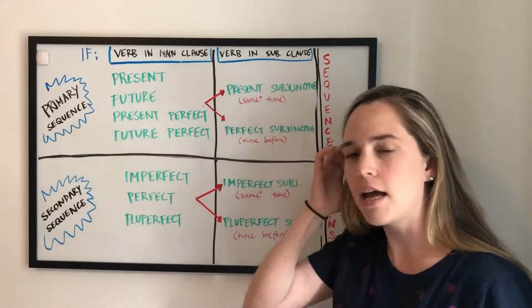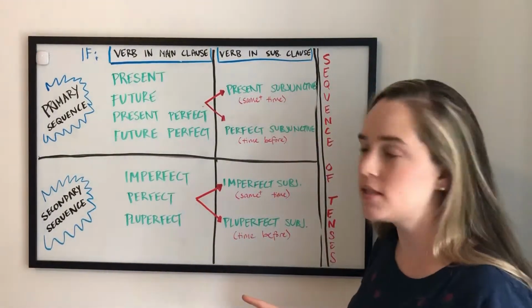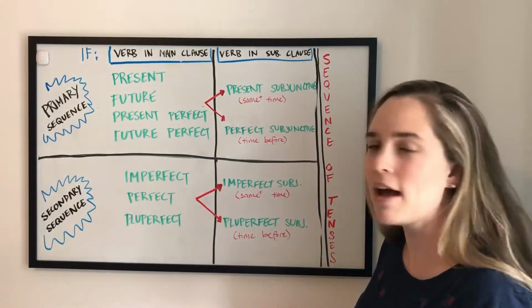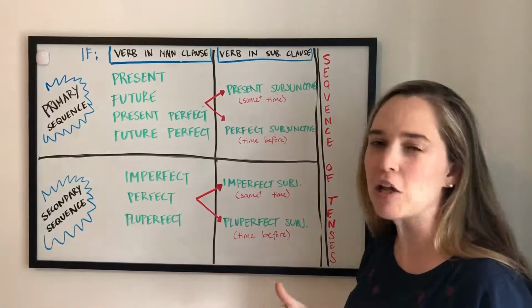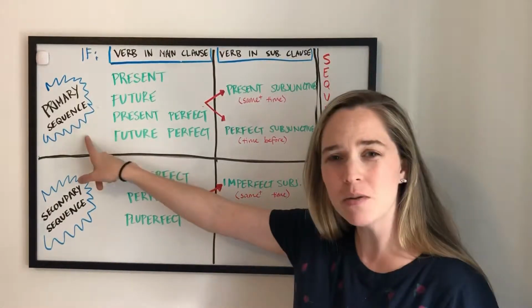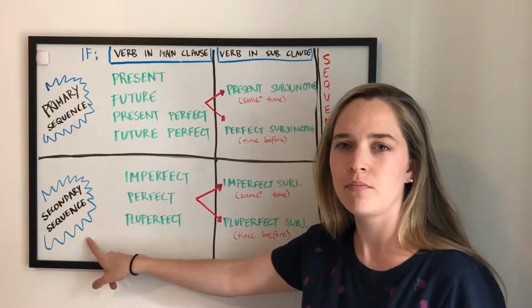In order to decide what type of subjunctive we use in a subordinate clause, we have to follow a series of steps. First, we have to figure out, is the main clause in what we call primary sequence, or is it in secondary sequence?